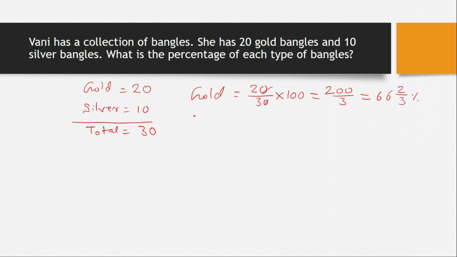And that of silver is 10 by 30 into 100 or 100 by 3, that is 33 whole 1 by 3%.